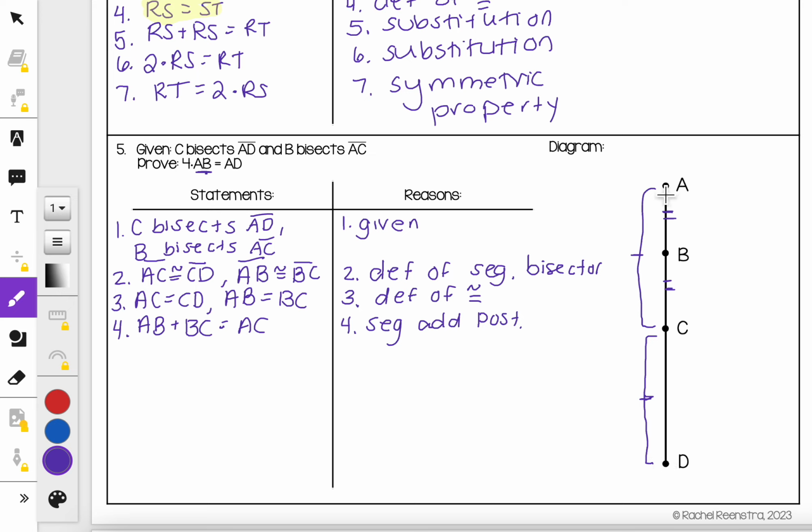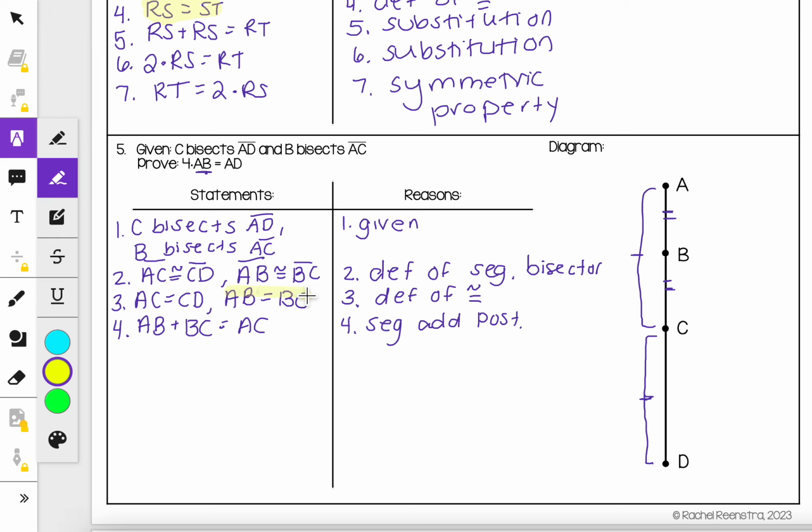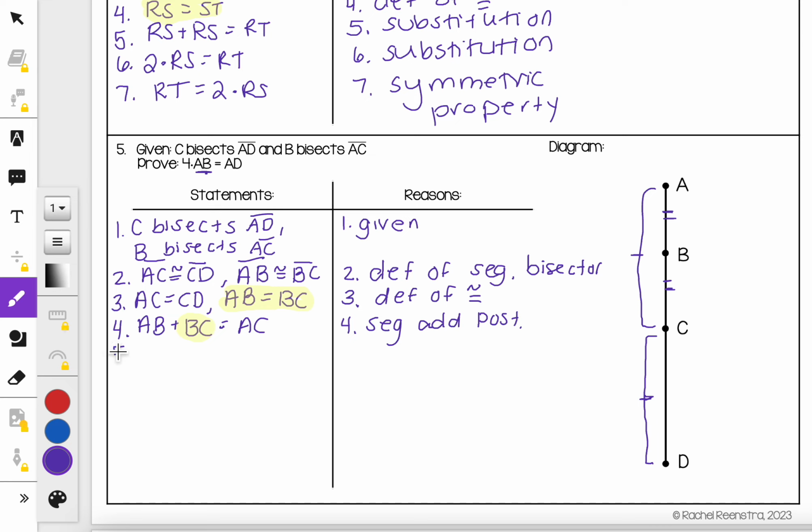So if AB plus BC equals AC, I can use substitution, since I know that AB equals BC, to substitute for BC. So AB plus AB equals AC. This is substitution. And if I simplify this, 2 times AB equals AC.